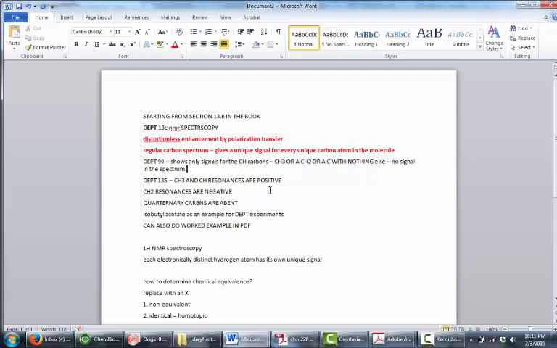Following that, they run the spectrum called the DEPT135. That's the third carbon-13 NMR experiment that they run. In those cases, what you end up seeing is a positive signal for a CH3 and for a CH. You see a negative signal for CH2, and you see no signal at all for the quaternary carbons.